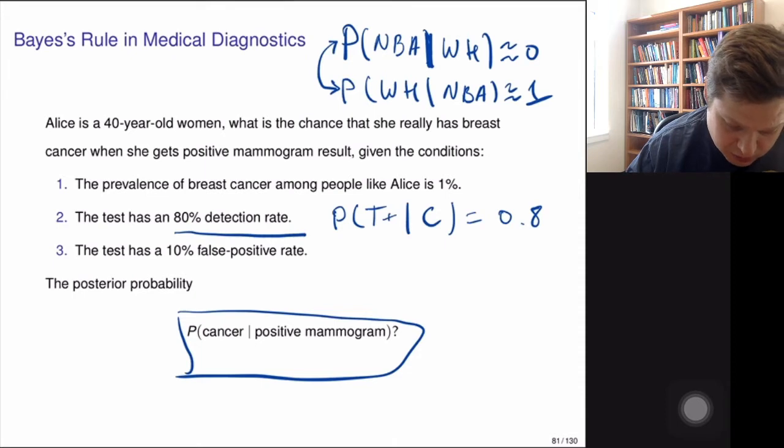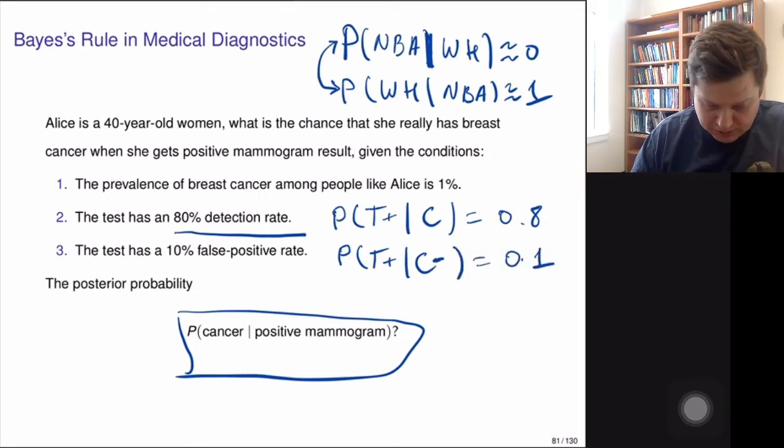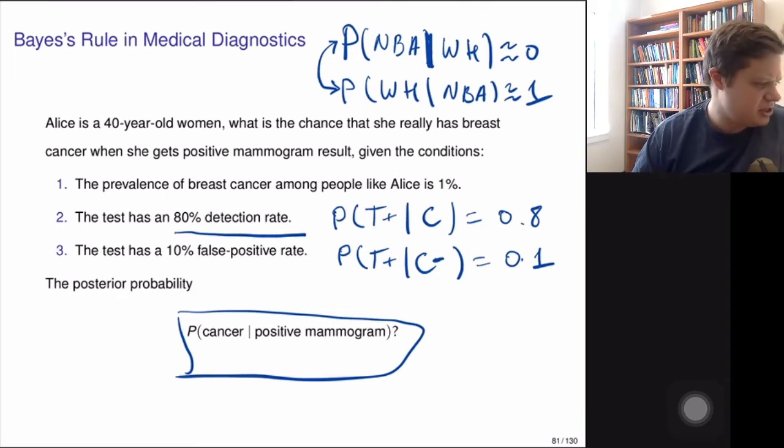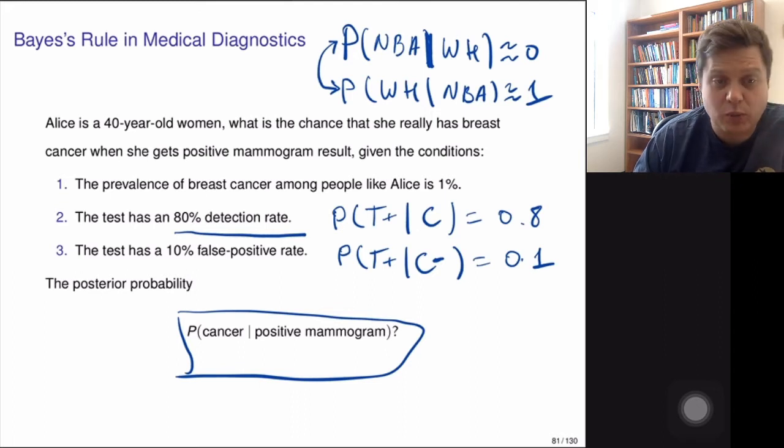And we also have a 10% false positive rate, meaning that you have a positive mammogram, given that you do not have cancer, in 10% of the cases. These are the specifications of the testing procedure, and that's something the company that develops this test will identify. Usually it comes from historical data.